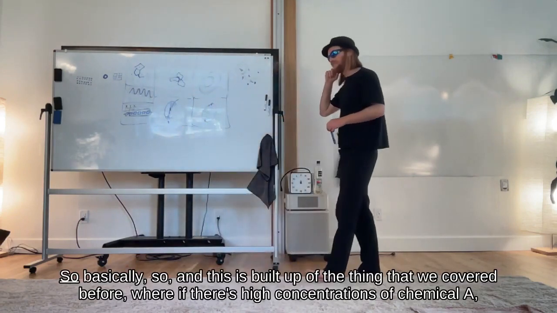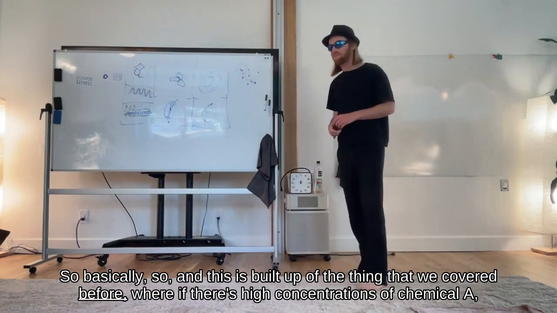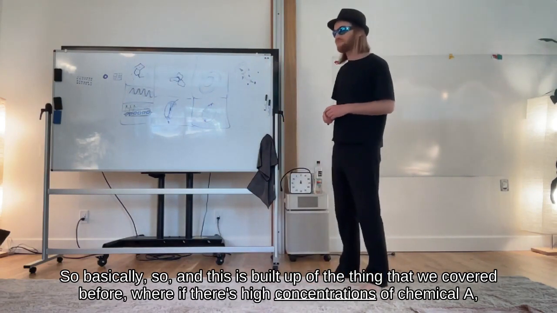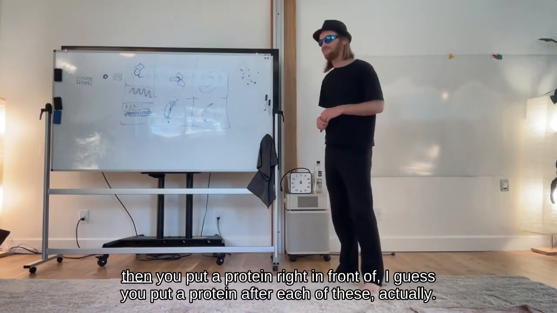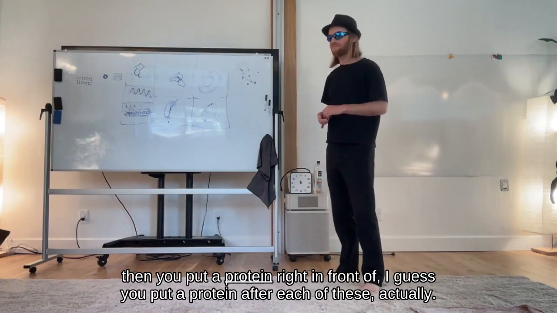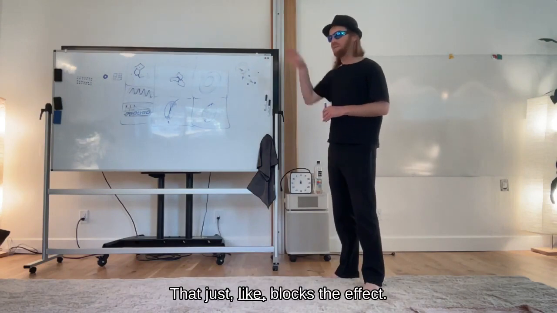Basically, and this is built off the thing we covered before, if there are high concentrations of chemical A, then you put a protein after each of these that blocks the thing.